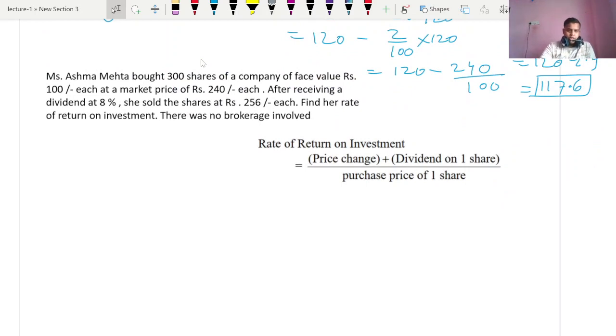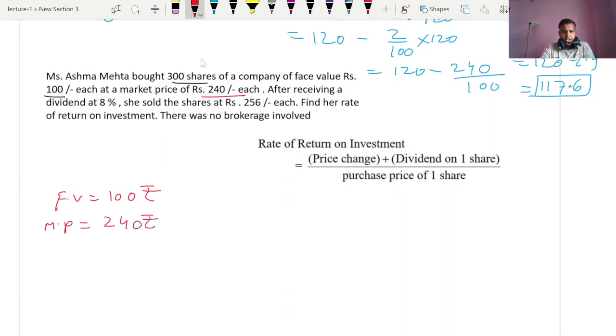Mrs. Asma Mehta bought 300 shares of a company of face value rupees 100, each at a market price of rupees 240. Fine. So face value is given 100 rupees and market price is given 240 rupees.